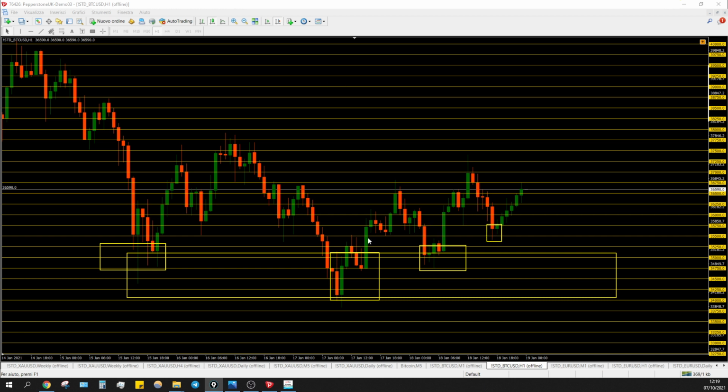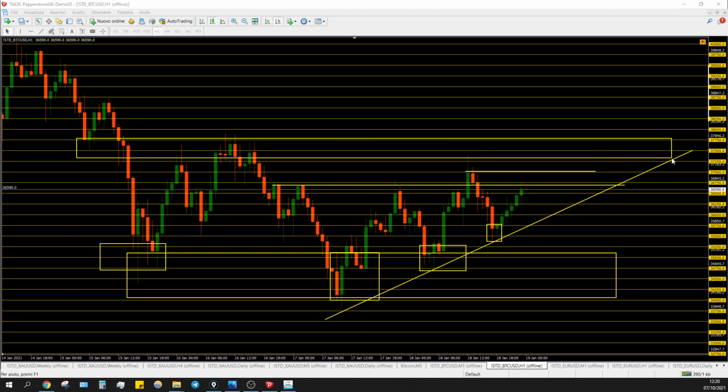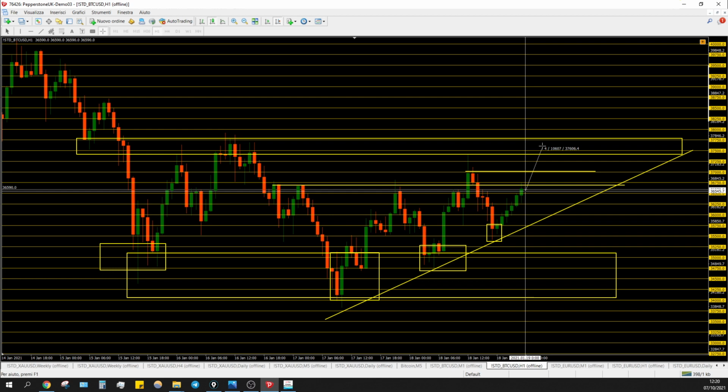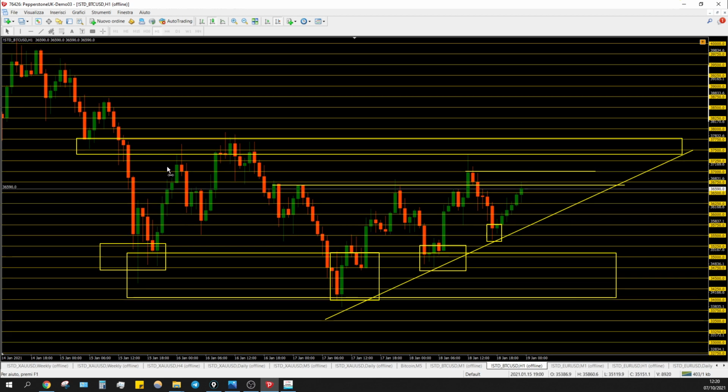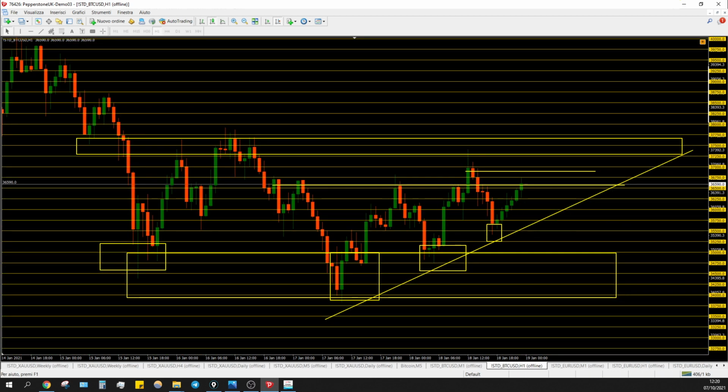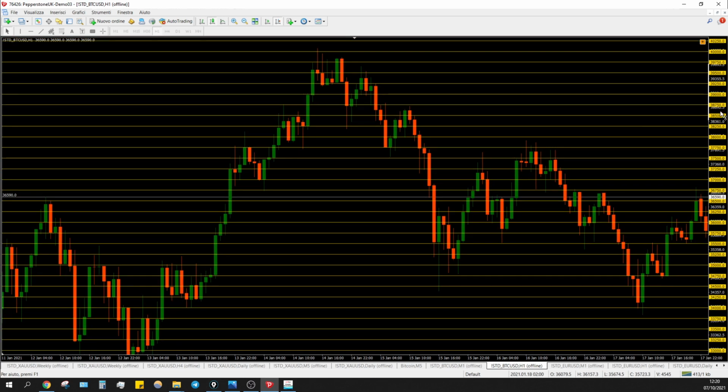Looks like we are trending bullish, but we still have to be conscious about this huge PSA, and of course this demand supply area over here. As scalpers, yes, we have to take it into consideration, but we also have to scalp between the key levels.